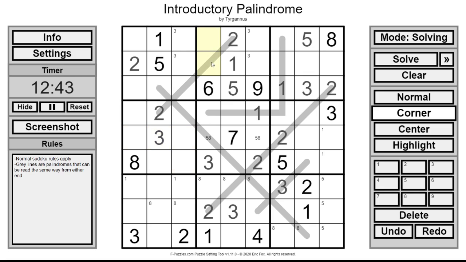This 4 forces a 4 over here. 4 over there. This can be a 4, so that's not solvable yet. Eight in this box forces an 8 down there, and 8 into one of these spots.